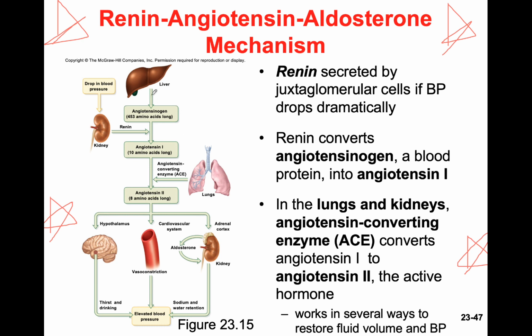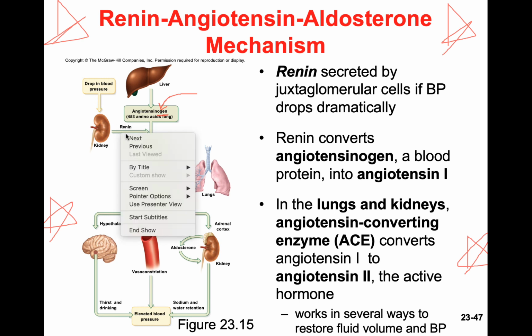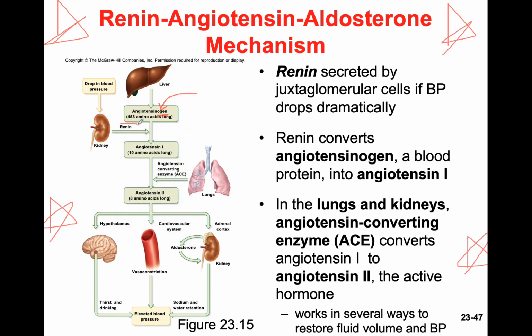So your liver makes this zymogen, which means inactive enzyme, called angiotensinogen. It ends in -ogen, which means it's inactive. Your kidney, when your blood pressure drops, sends a signal to the JG cells to secrete renin.